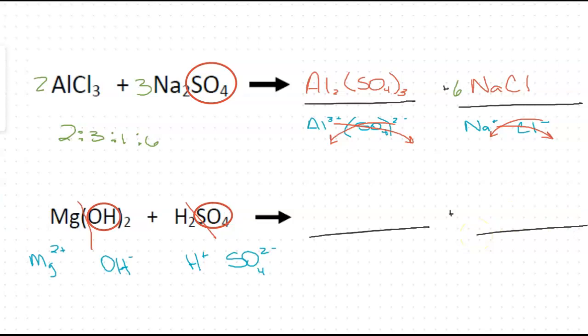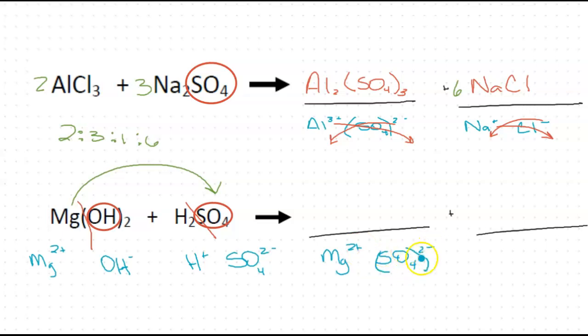And just as before, my outsides are going to repartner. So my magnesium is going to partner with my sulfate. So over here under the first blank, I'm going to put Mg with a 2+, and my SO4 with a 2-.